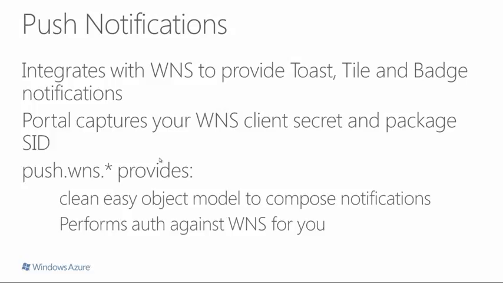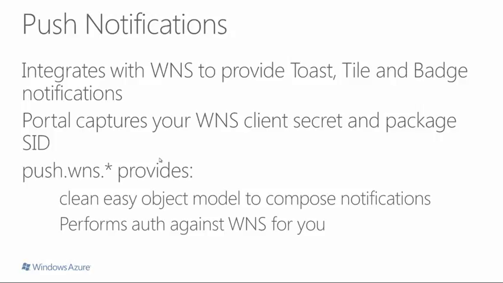So mobile services provide the capability to send those toast, tile, and badge notifications. The Windows Azure portal for mobile services will capture your credentials that you need to authenticate against WNS, so a very easy way to provide them there. We've got a module, push.wns.star. The star is all the different operations, say sendToastTileText01, sendToastTileText02.